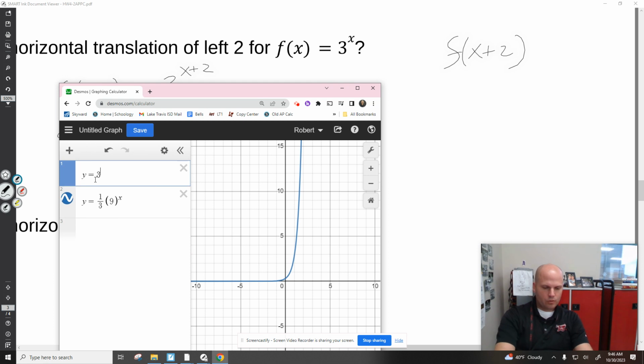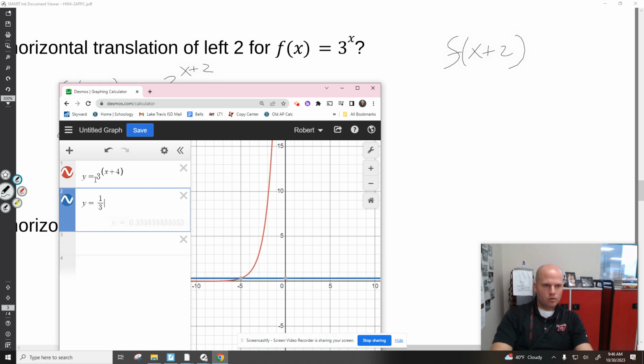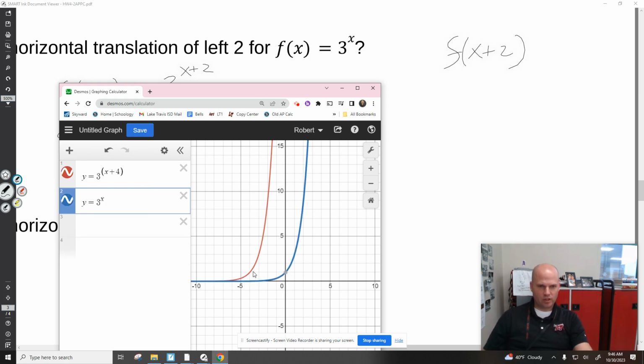These are kind of fun ones. 3 to the x plus 4 is a shift of 3 to the x left 4, is what a lot of us think. Okay, so I move that point 0, 1 over to -4, 1.